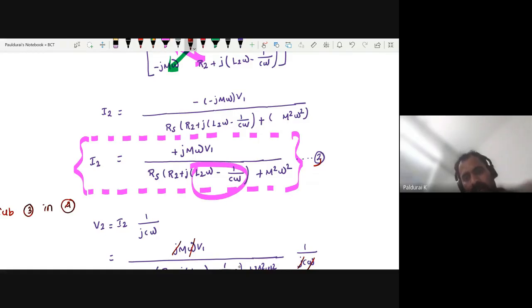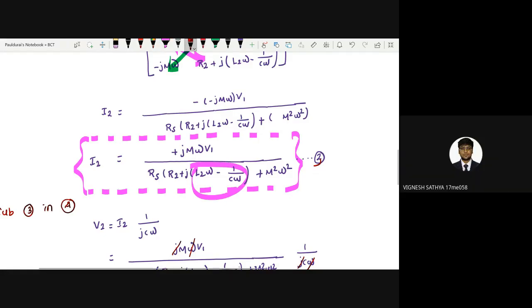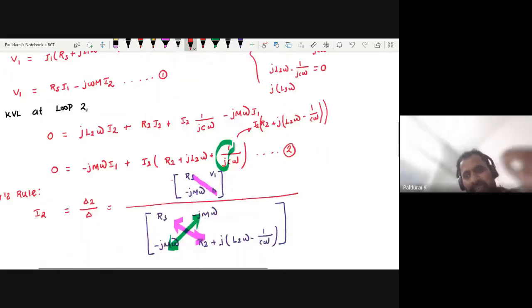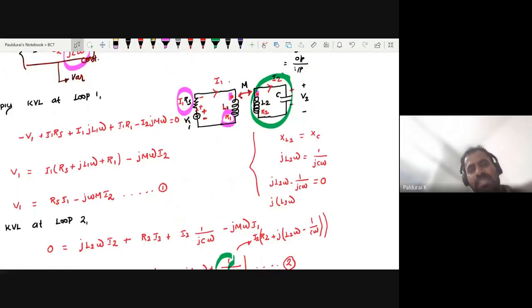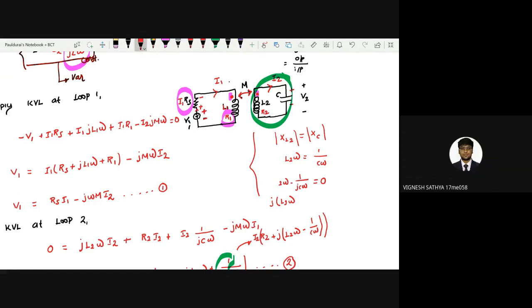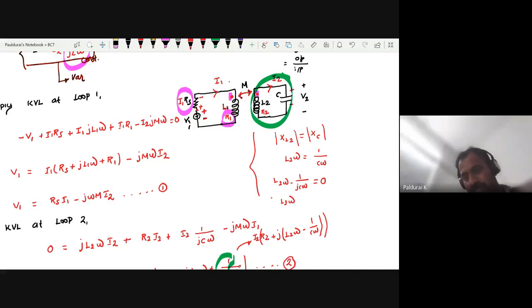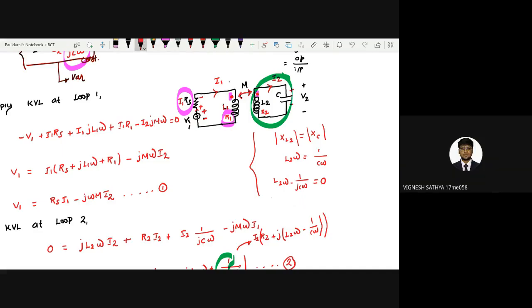Don't consider this; you want to take the magnitude. Okay, don't take j, because L2 omega equals minus 1 by C omega would come, and if you include j, j squared comes on one side, so take the magnitude.